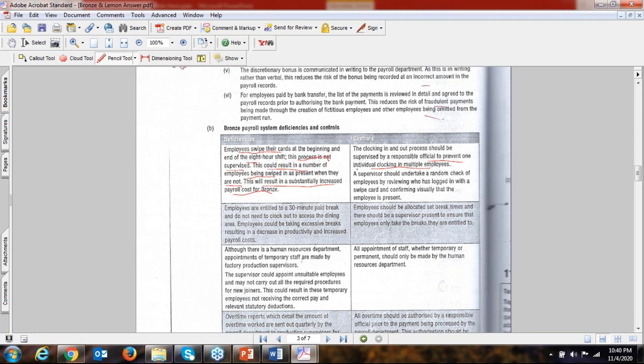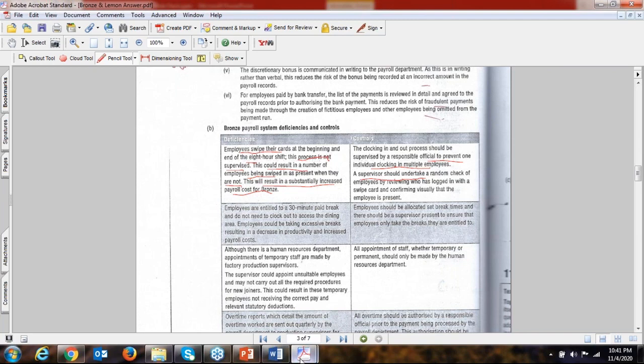There is another recommendation identified by the examiner. You need to mention only one recommendation, but here for your knowledge and clarity, it is giving two. The second recommendation is that a supervisor should undertake a random check of the employees by reviewing who has logged in with the swipe card and confirming visually that the employee is present.